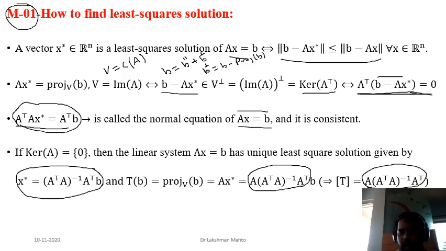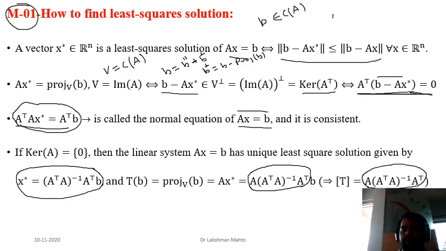Suppose you generalize this result and take several B which are not in the column space of A. Then the question is, what are the steps to get the least square solution?